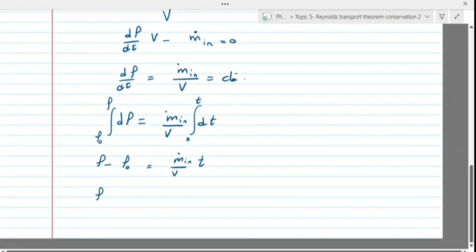And I have just obtained an equation of the density as a function of time. It will be rho 0 plus m dot in over V times t.